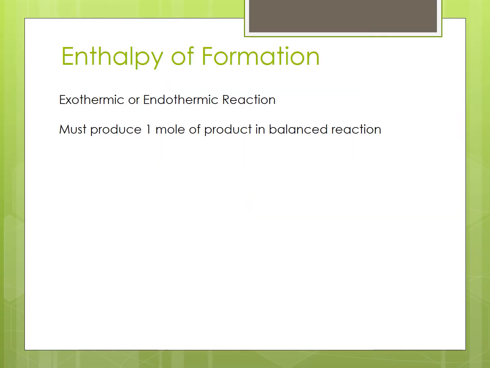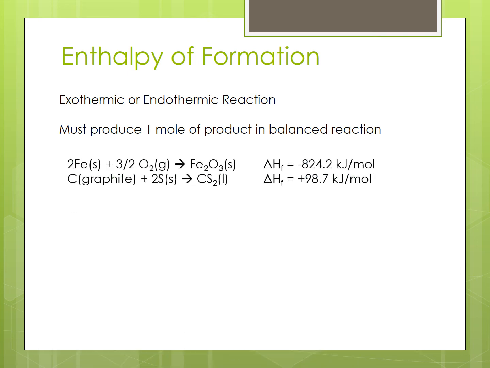So we're going to specifically go into enthalpy of formation reactions because, like I said, it's one of the most important enthalpy reactions to know. It can be exo or endothermic, but you gotta remember that the product is always going to be 1 mole. Here's some examples. 2 iron atoms with 3 halves of an oxygen molecule makes 1 mole of rust, iron oxide.